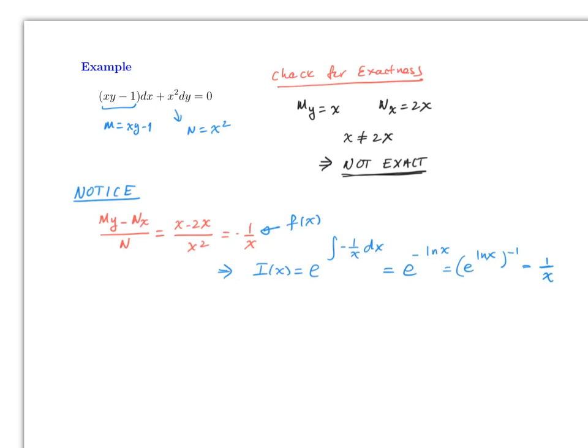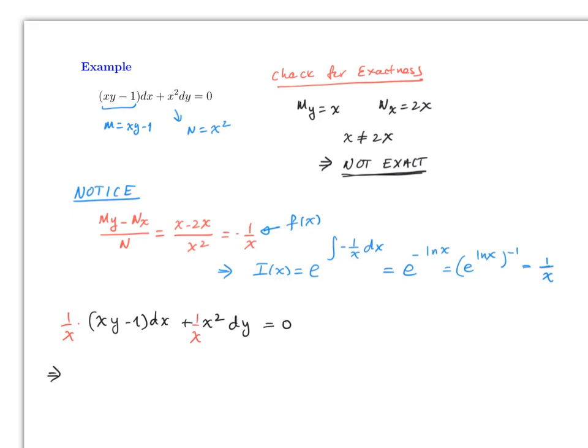Now we multiply the whole original equation by this. This is the original equation: (xy minus 1) dx plus x squared dy is equal to 0. If we multiply this by the integrating factor, notice what happens.